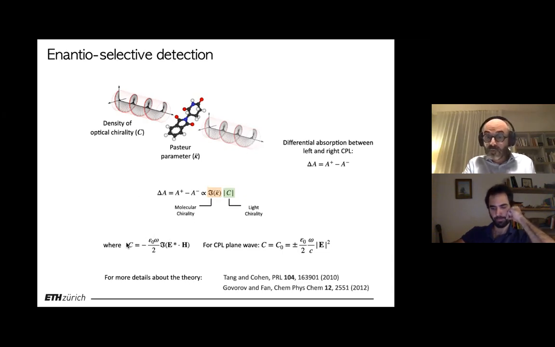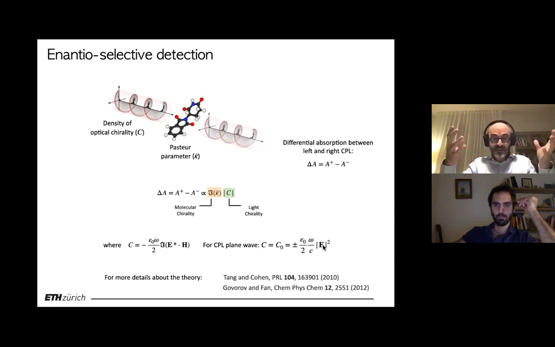This is the expression of the density of optical chirality, C, and it depends on the imaginary part of E star dot H. If I'm using a circularly polarized plane wave, this is the expression I get for C. Eventually this depends on the intensity of the light. Since my nano-optical resonators are able to enhance the electric intensity, maybe I have a way to enhance delta A. This is the quantity I want to enhance.